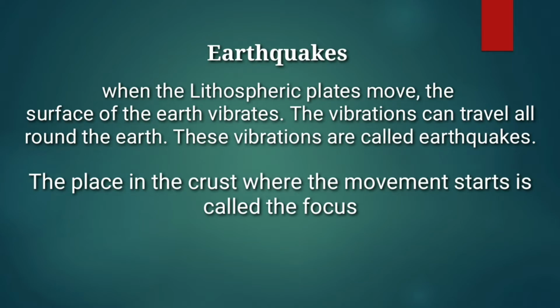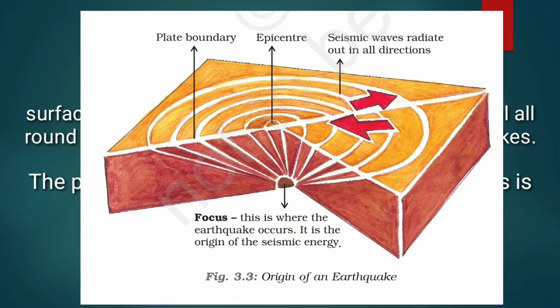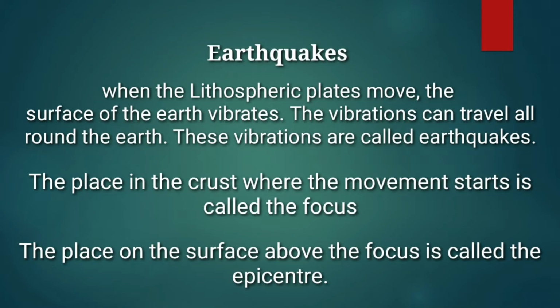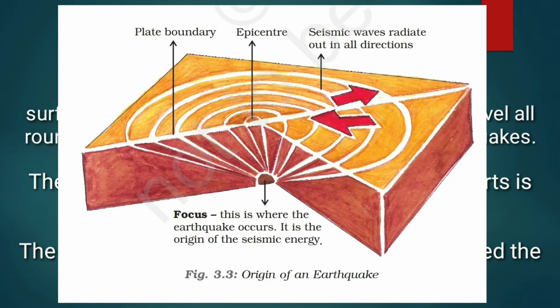The place in the crust where the movement starts is called the focus, as you can see in the figure. The place just above the focus on the surface of the earth is known as the epicenter. You can see the epicenter very clearly in the figure.